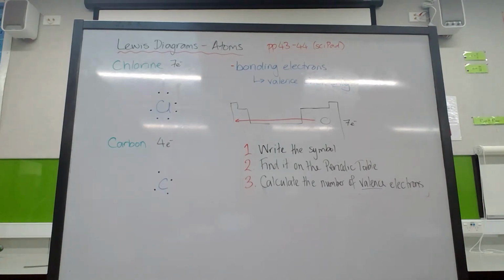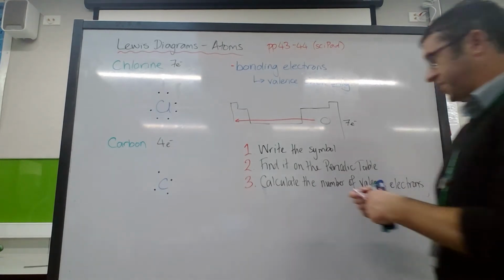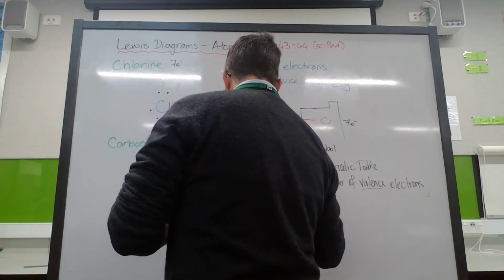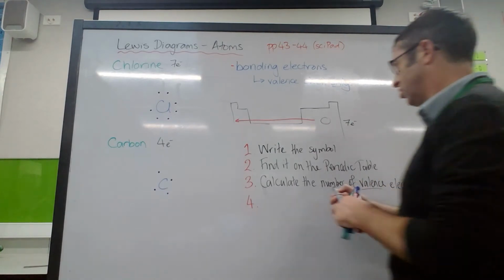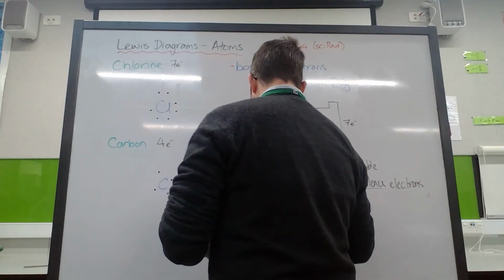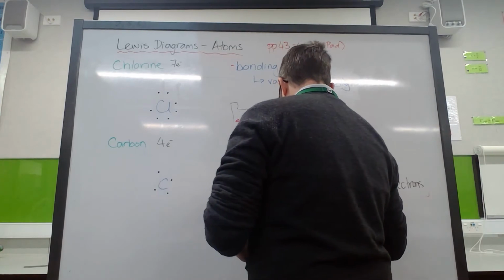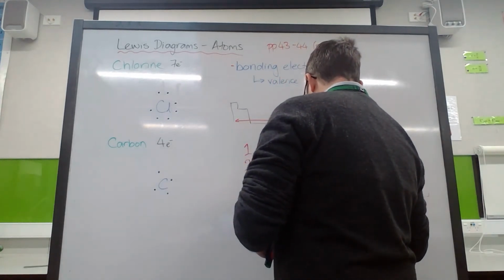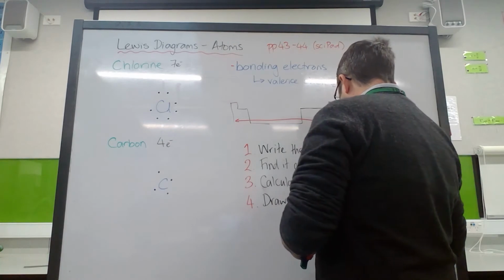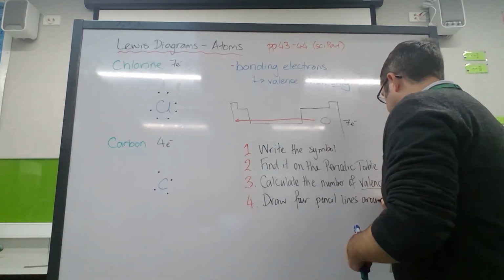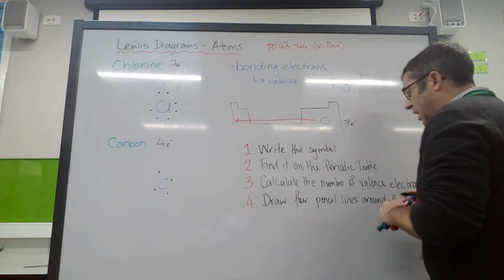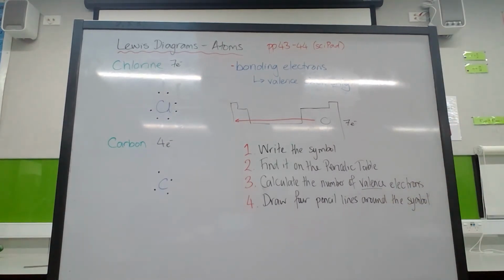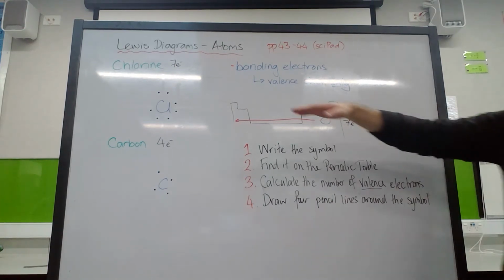Once we've got that number of valence electrons, we can arrange them. So our next step then is to draw our 4 pencil lines around the symbol. And then we put the electrons in, 1 per line each, and then if we've got leftovers, we start doubling them up.